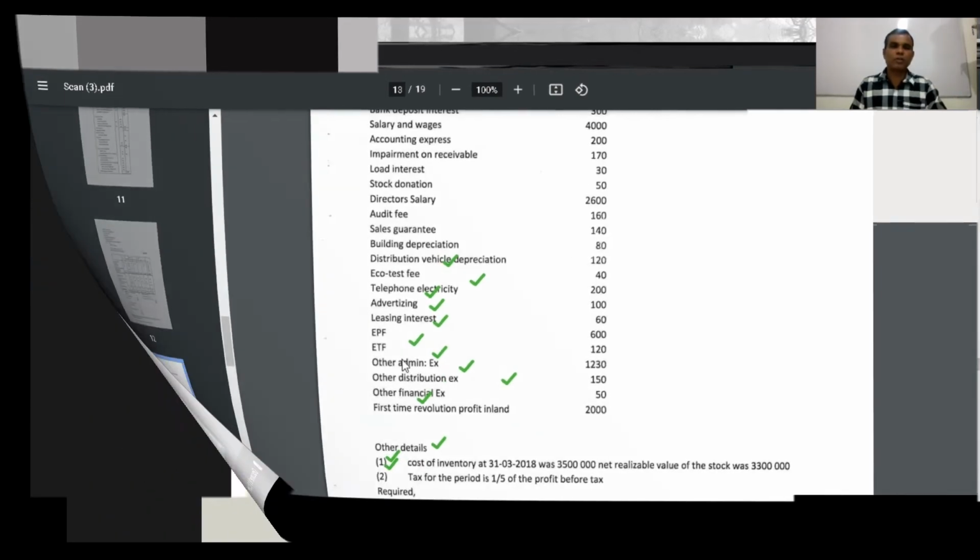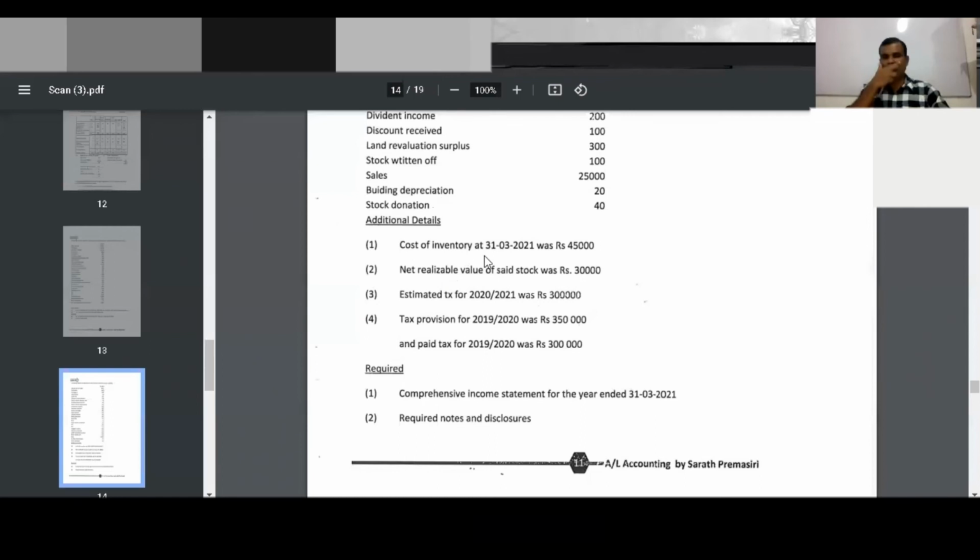Then that's all. Now look at that: cost of inventory on 31st 2021 is 45,000. Now the net realizable value of the said stock is 30,000. So when calculating the cost of sales, 450 should be recorded.